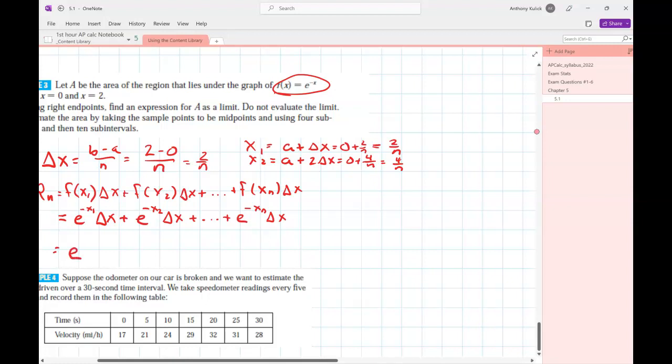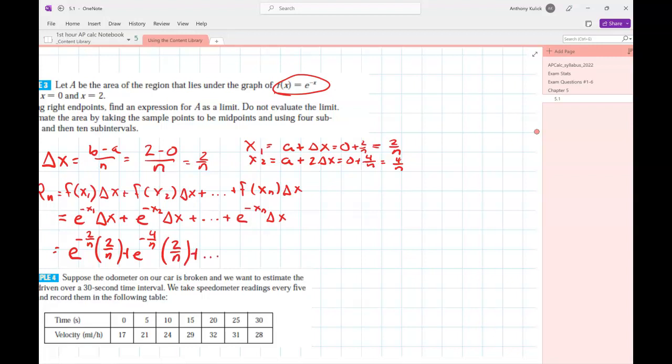So we're going to have e to the negative 2 over n times 2 over n plus e to the negative 4 over n times 2 over n plus dot dot dot e to the negative, it'll be n times, so that'd just be negative 2n over n times 2 over n.